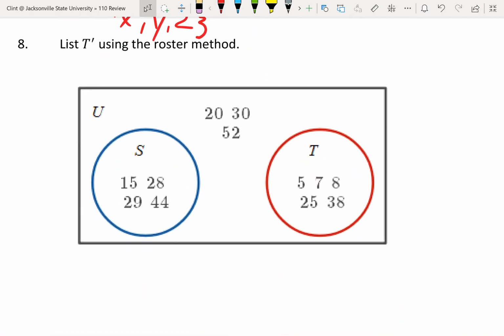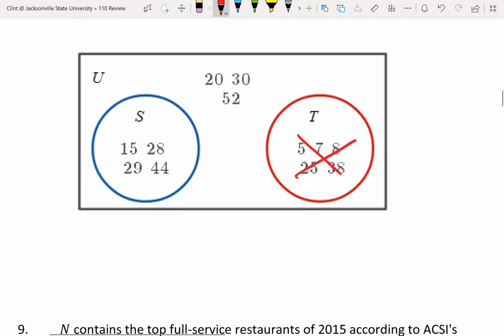All right, number 8, same thing, but we're dealing with a Venn diagram. It says list T complement. So we want everything except what's in T. And so we want the ones in S and the ones that are outside. So T complement. It doesn't matter what order you write them in.